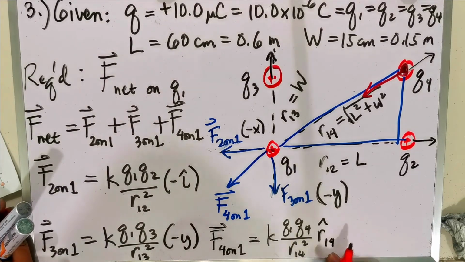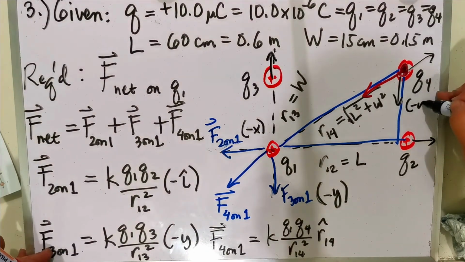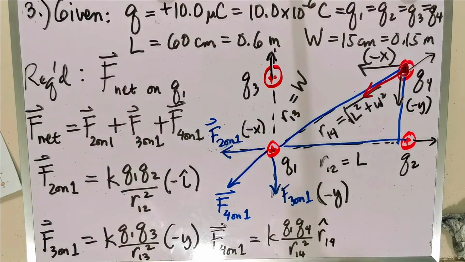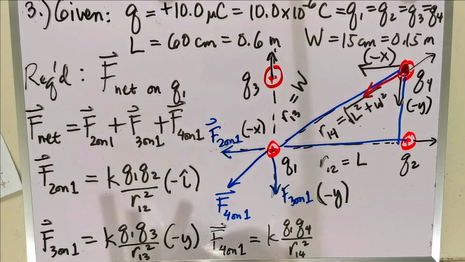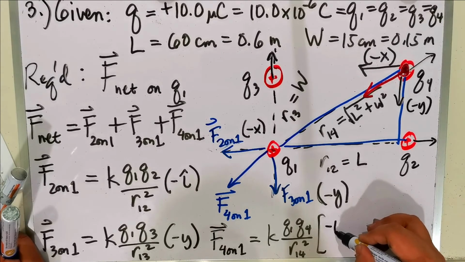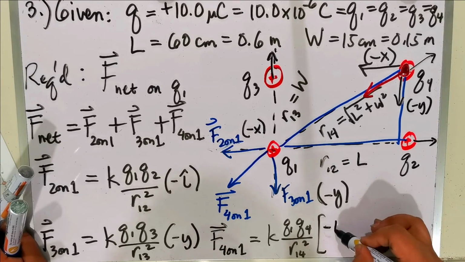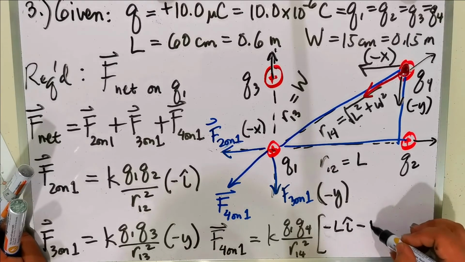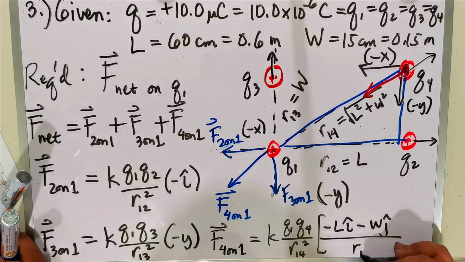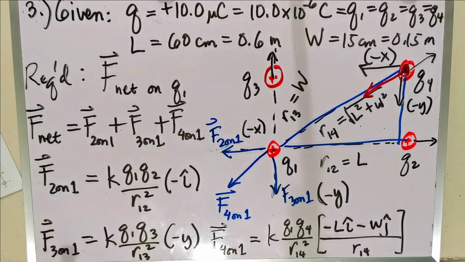So for our R14, take note that it has components negative y and negative x. So in the same way, R14 hat changes into the equation negative L I hat minus W J hat over R14, where R14 again is the square root of L squared plus W squared.